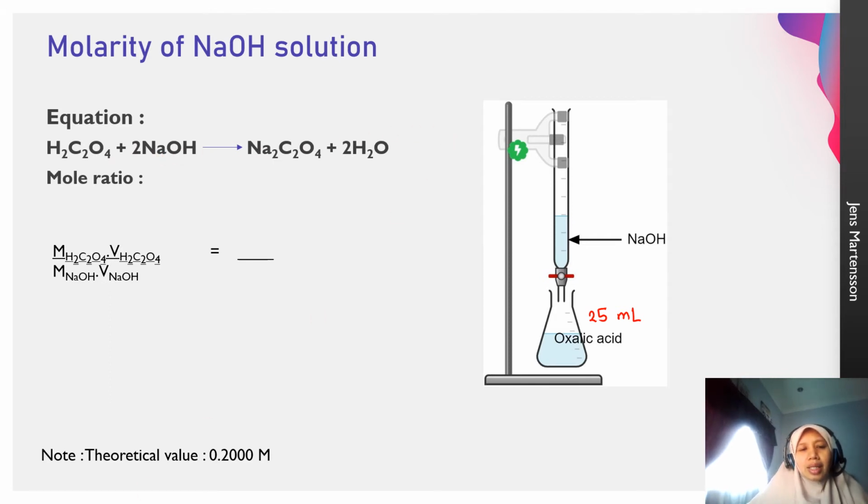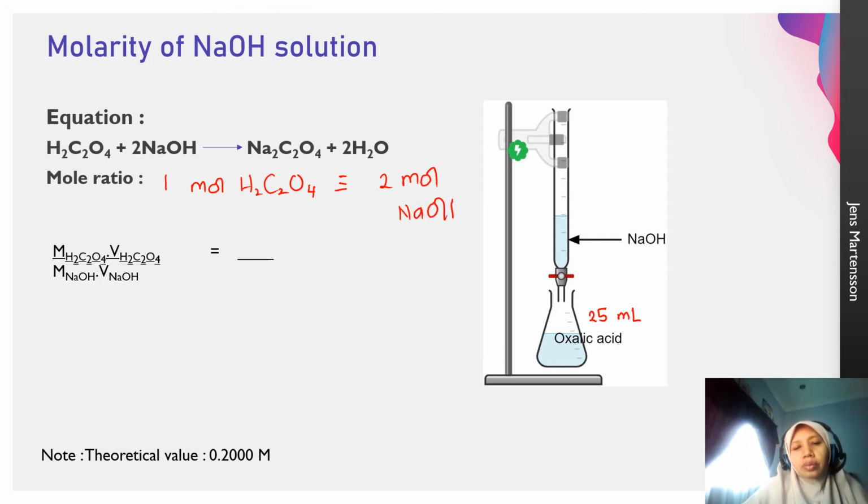As we can see here, the mole ratio is 1 mole of oxalic acid reacts with 2 moles of NaOH. Alright?